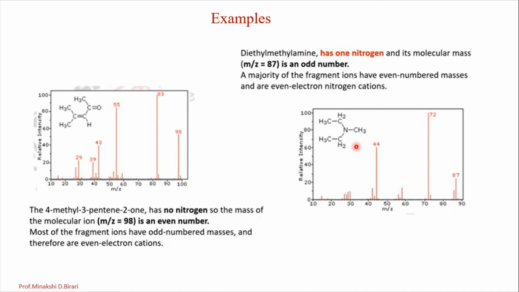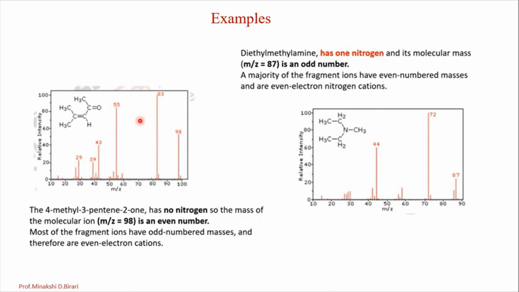In the other example, 4-methyl-3-penten-2-one has no nitrogen, so the molecular ion is observed at M by Z 98, an even number.